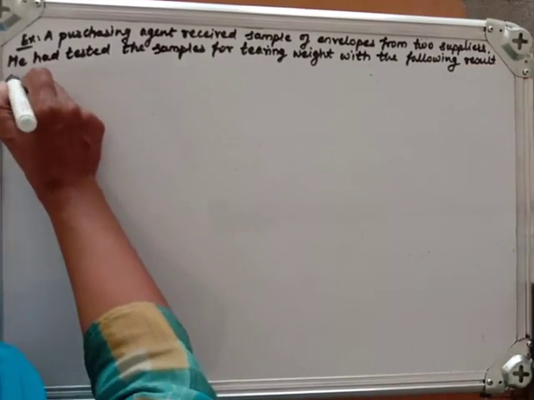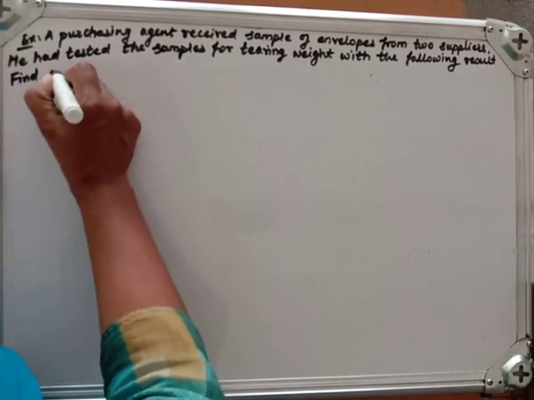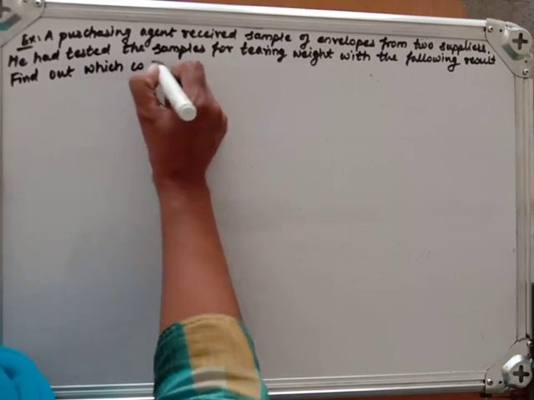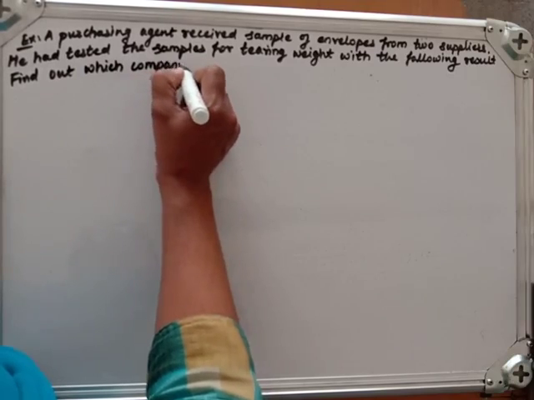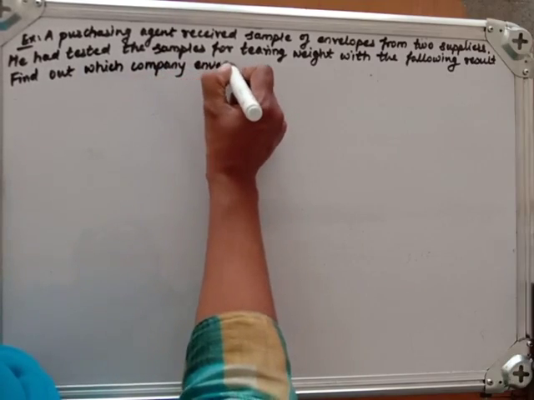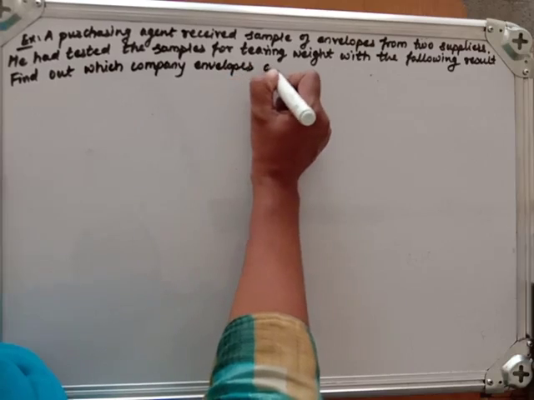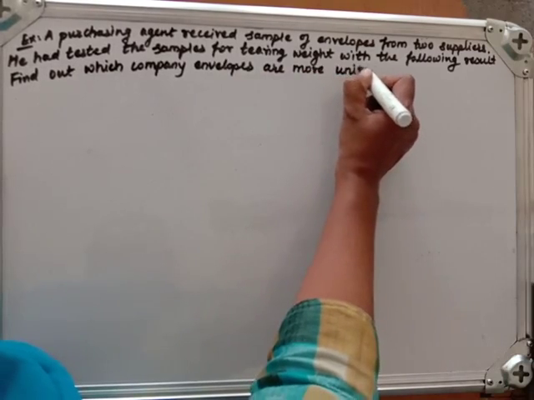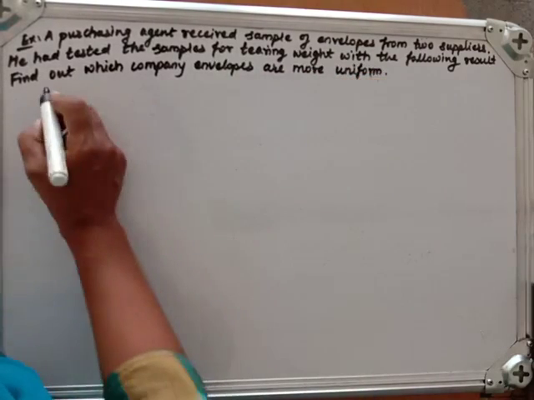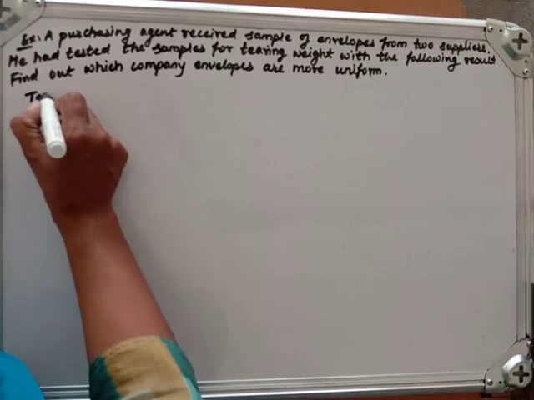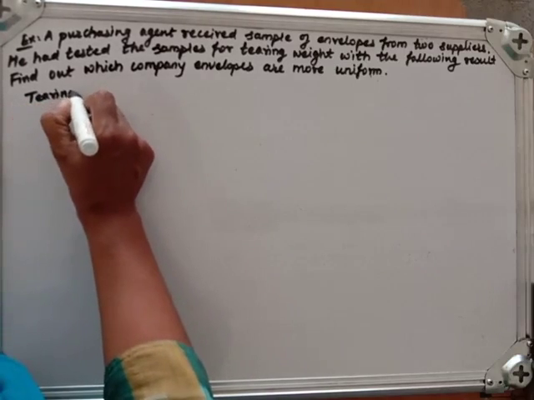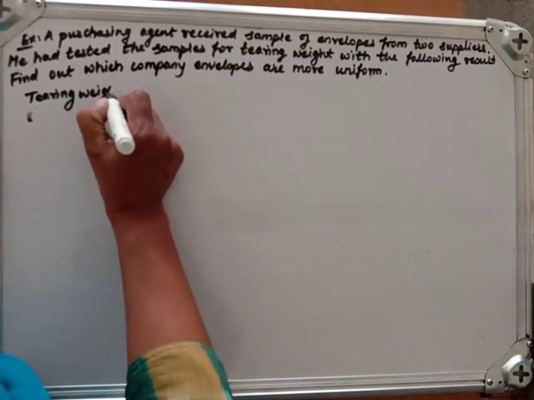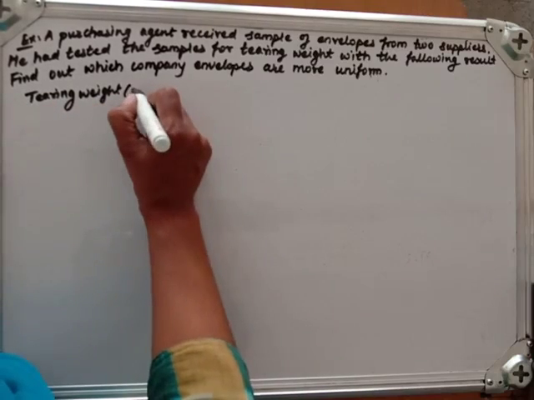Find out which company's envelopes are more uniform. So the data is tearing weight, which is obviously given in kgs.